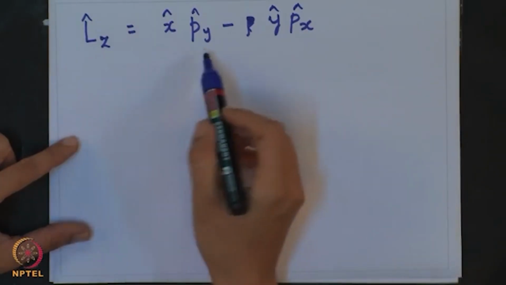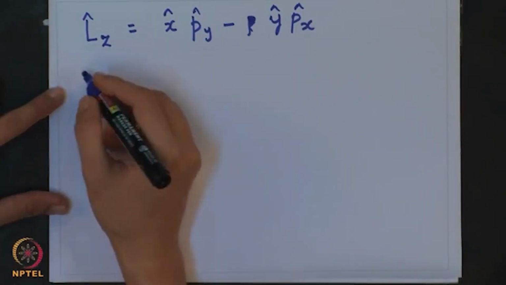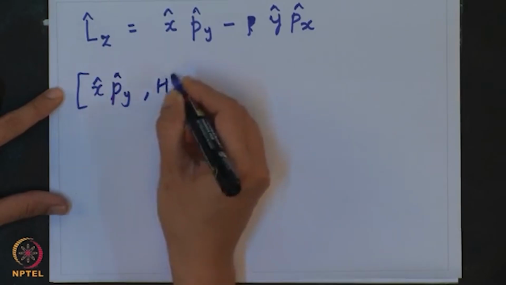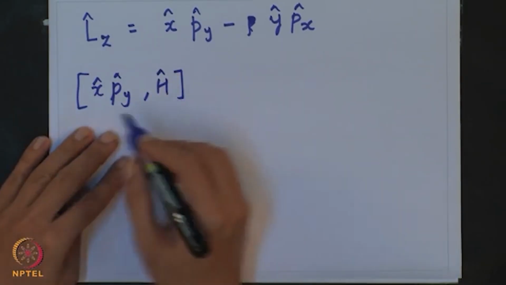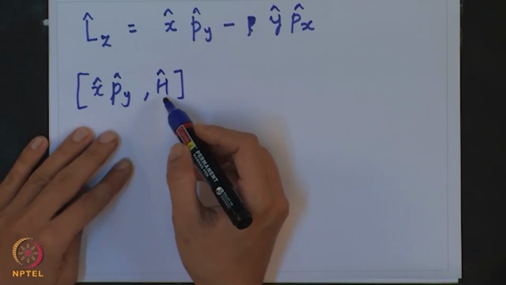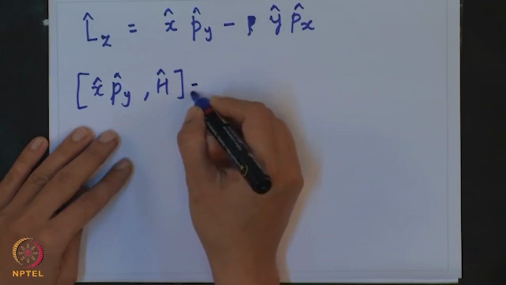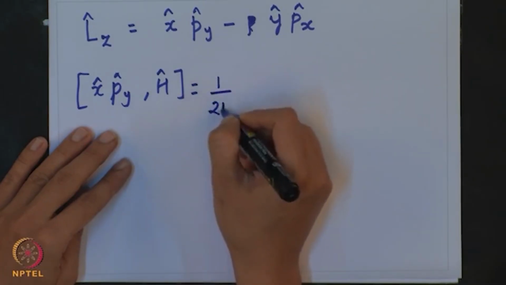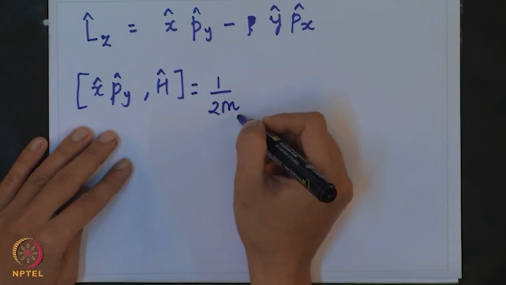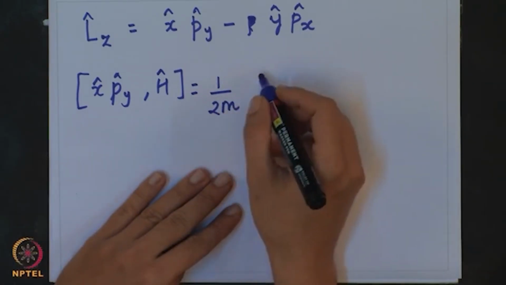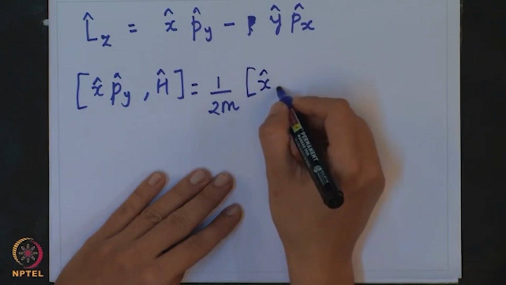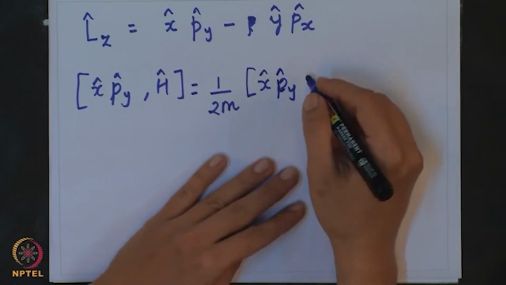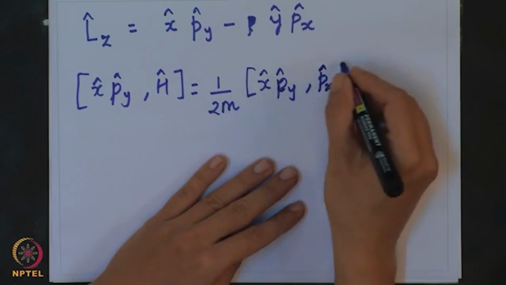So, x p_y we will calculate first. Let us break the problem. So, x p_y commuting with the Hamiltonian, we have the form of the Hamiltonian given to us as 1 upon 2m. We can take it outside, and you have to recollect the commutation relations which we have done before. So, we will have p_x.